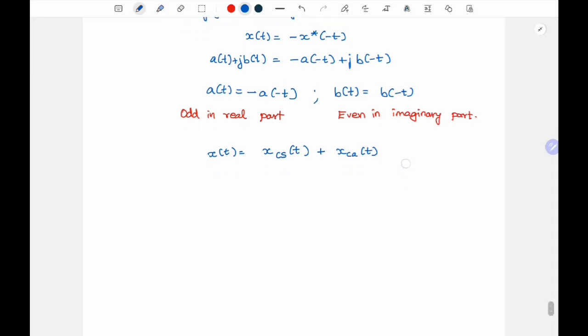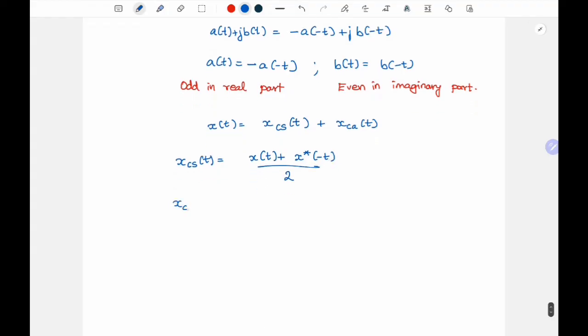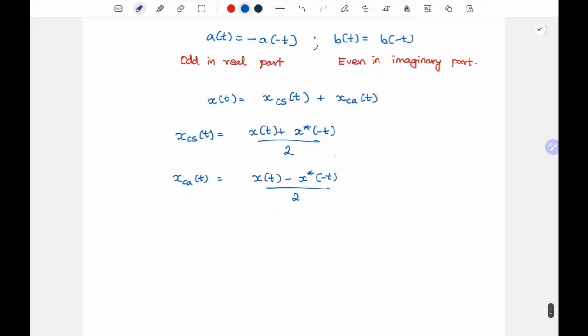So xcs of t is nothing but x of t plus x star of minus t by 2 and xca of t is nothing but x of t minus x star of minus t by 2. You can verify that this is conjugate symmetric and this is conjugate antisymmetric. And their sum is straightforward, it gives x of t.